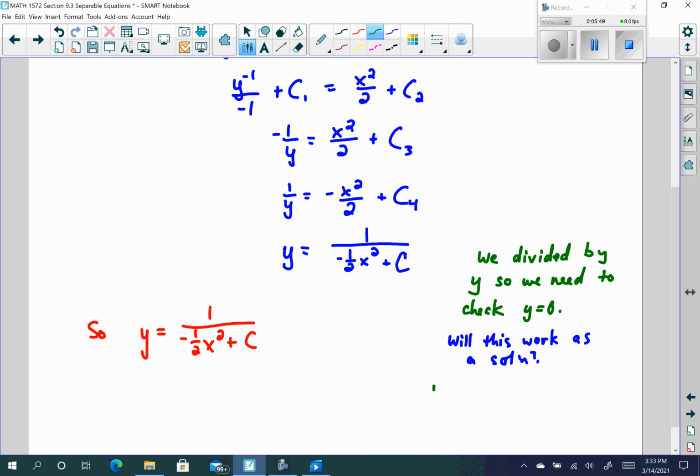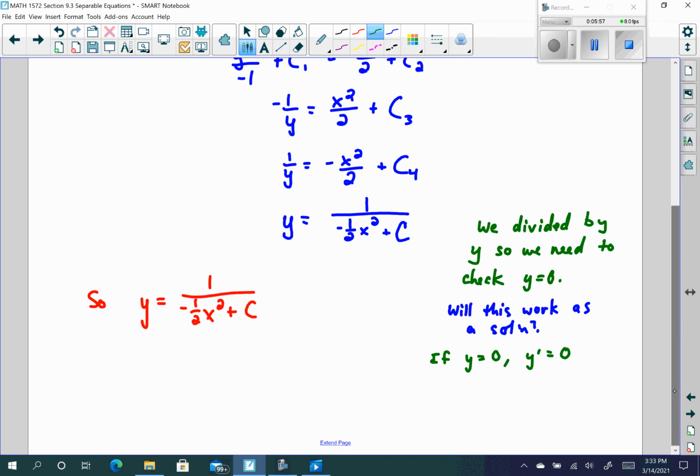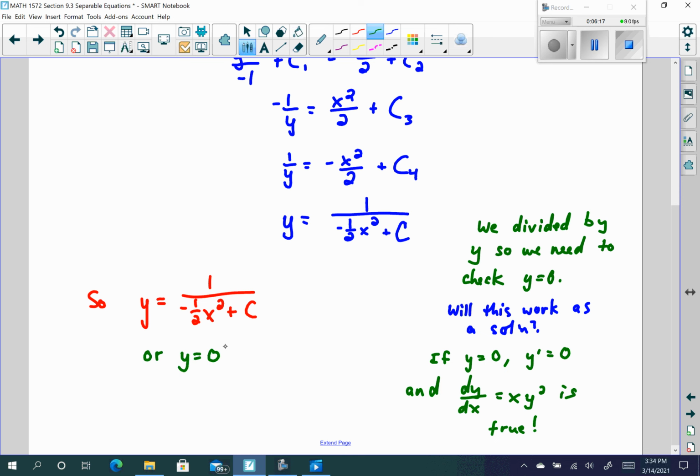All right, so if y is equal to 0, then y prime is going to equal 0. And dy over dx, which is equal to x times y squared, is true. Both sides would equal 0. So another solution would just be y is equal to 0.